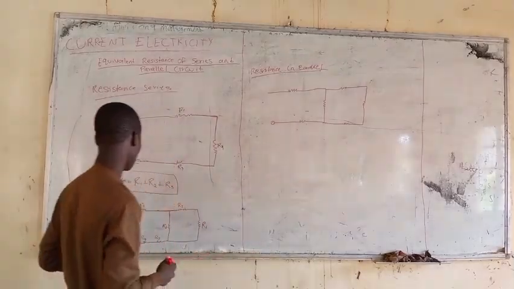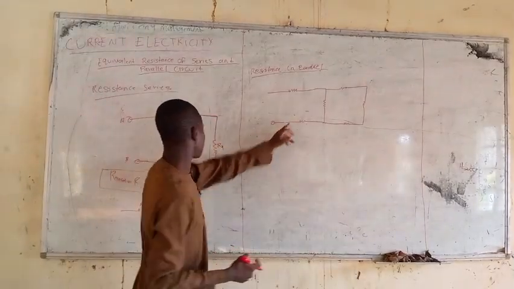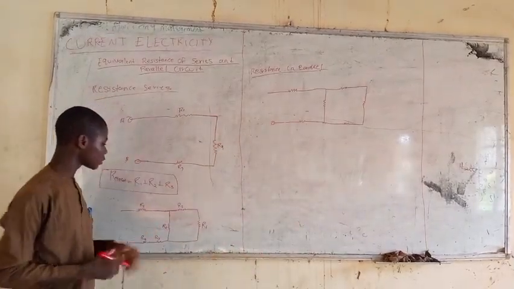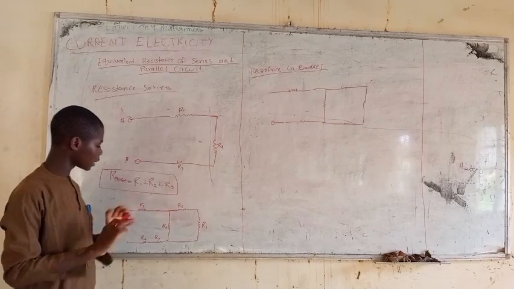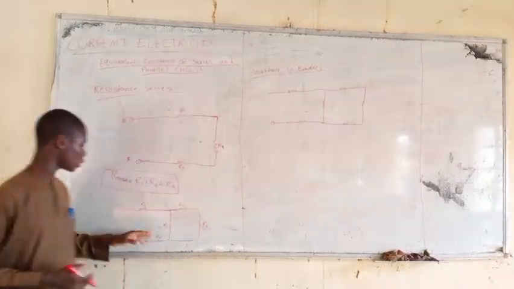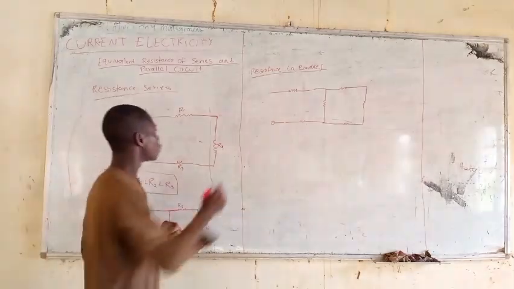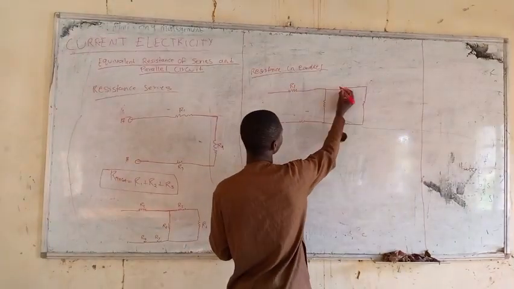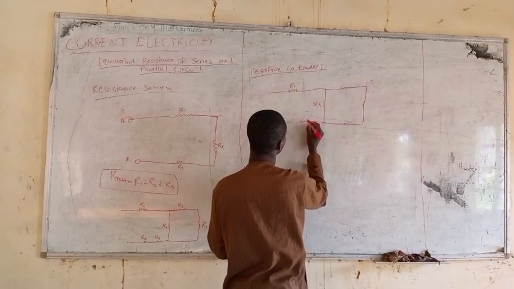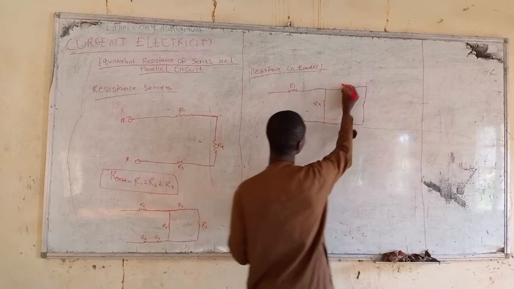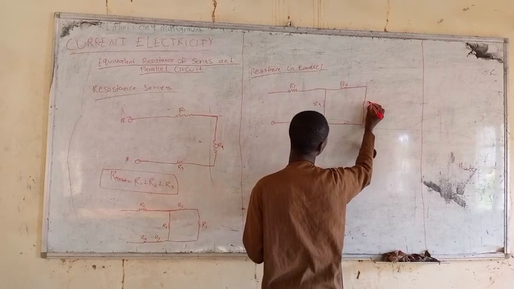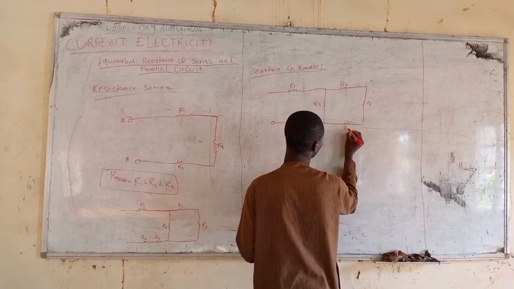You can see the difference between this circuit and this circuit. They are all parallel resistance. Let's say we take these as R1, R2, R3, R4, R5, and R6.